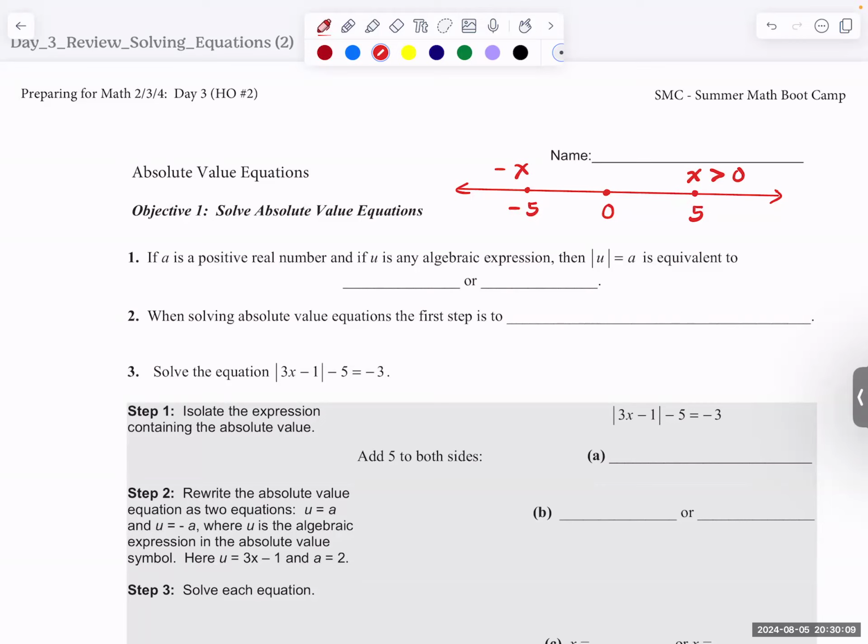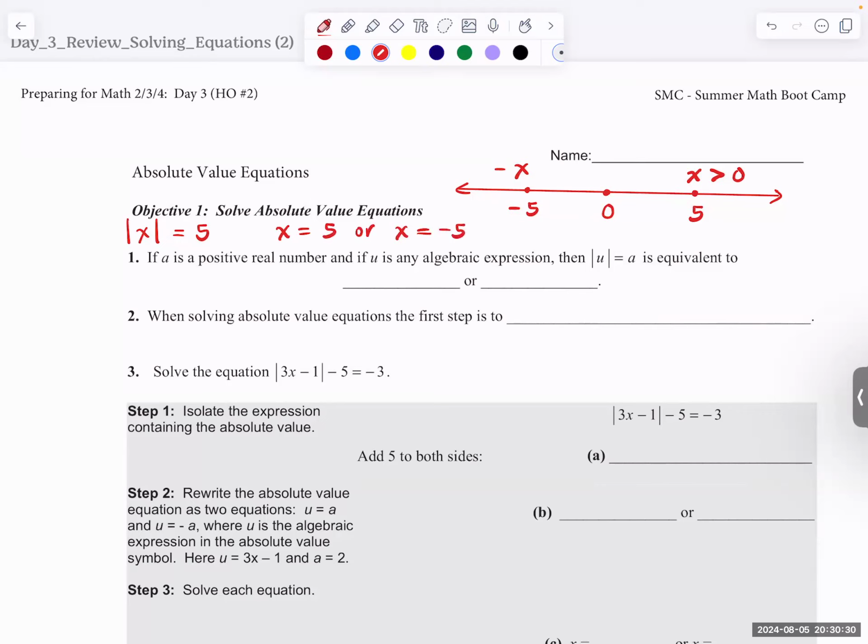If we were to solve this equation, the absolute value of what number x equals 5, well, then there are 2 solutions for x. x can equal +5, or x can equal -5.